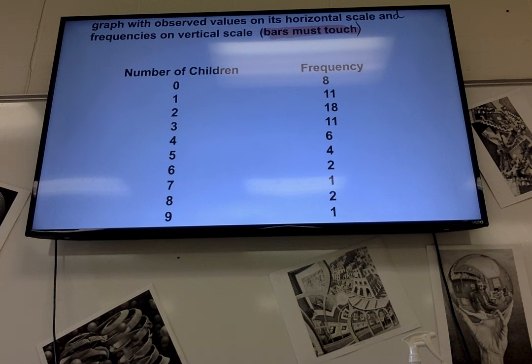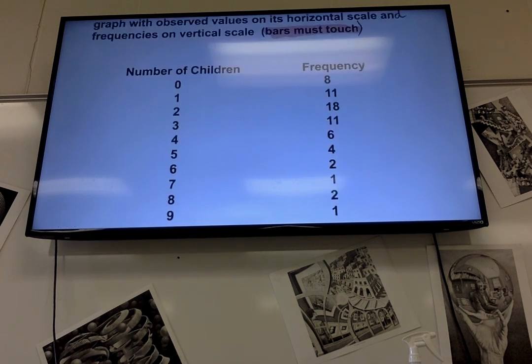You'll want to jot that table or that frequency distribution down just so you can refer to it when we're drawing our histogram. How many is it again? There's just 0 through 9, just like I have here. Yeah, there's not any more than that.